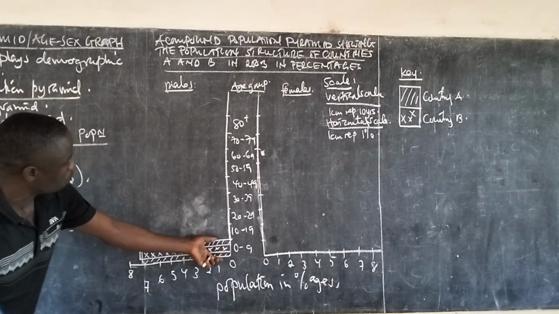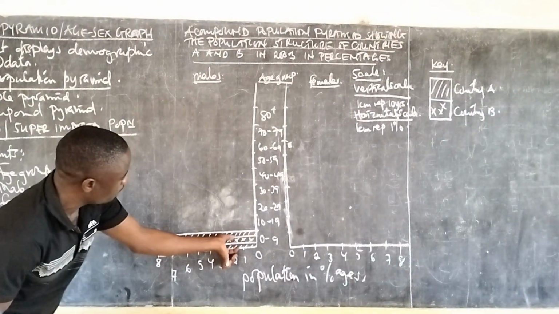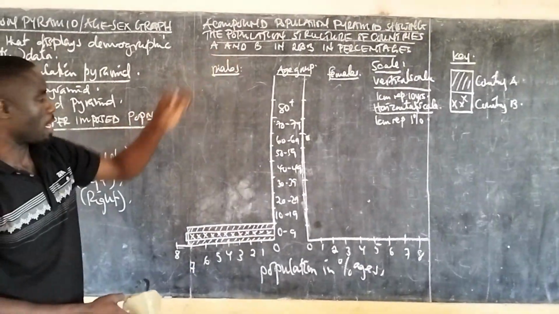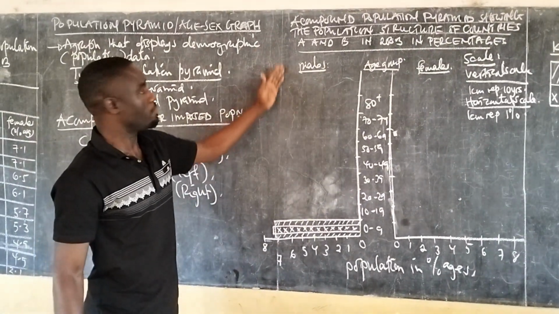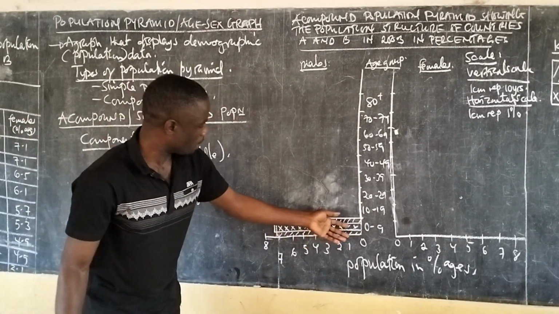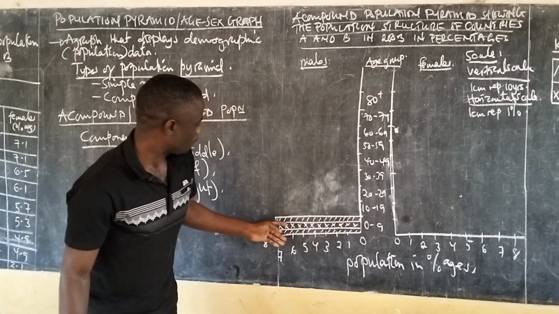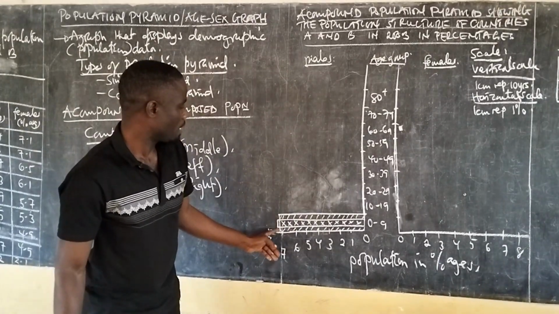It is a simple population pyramid. Now this one we have put in is for another country for comparison purposes. Now we can compare, because this is a comparative graph. For the age group 0 to 9, country B has a larger population than country A.